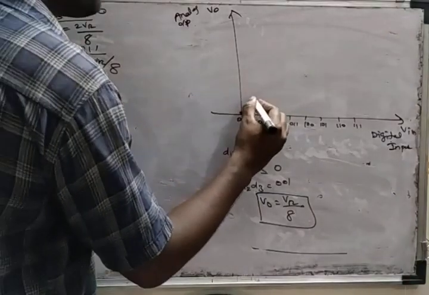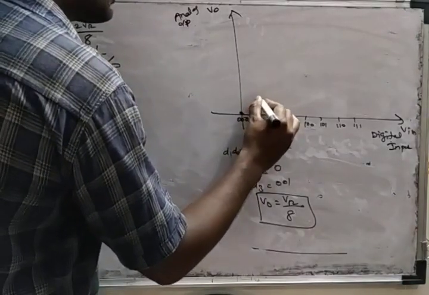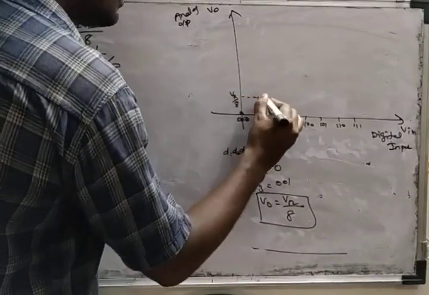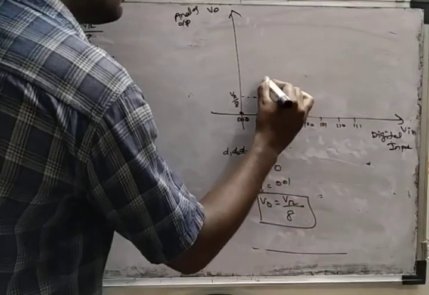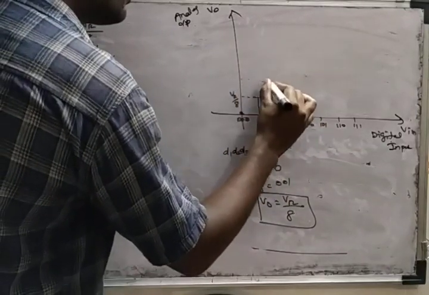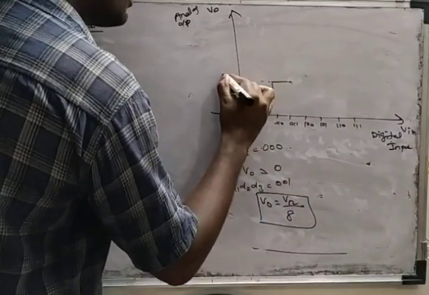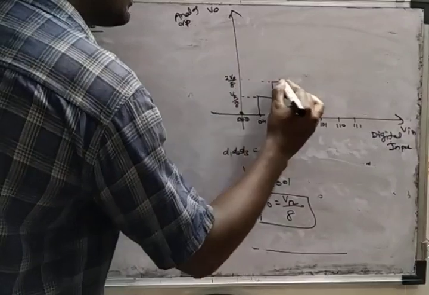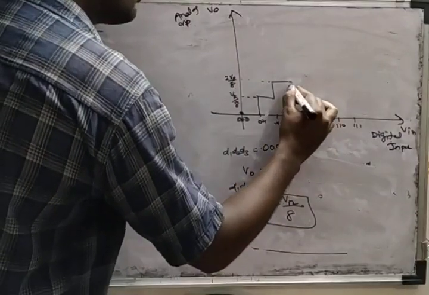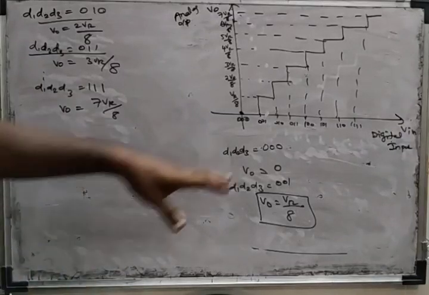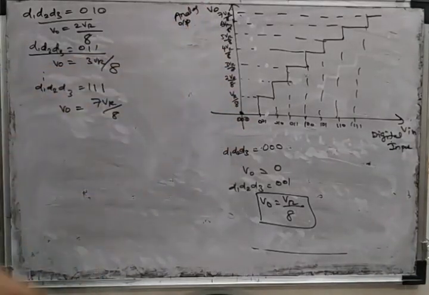For 0 0 1 you have the value VR by 8, for 0 1 0 you have 2 VR by 8, and so on. So you will get the analog output like this.